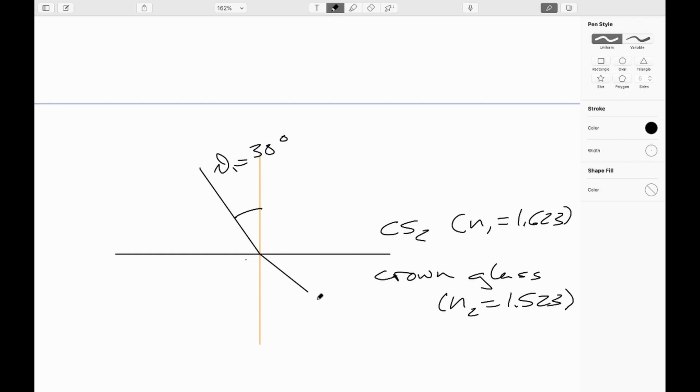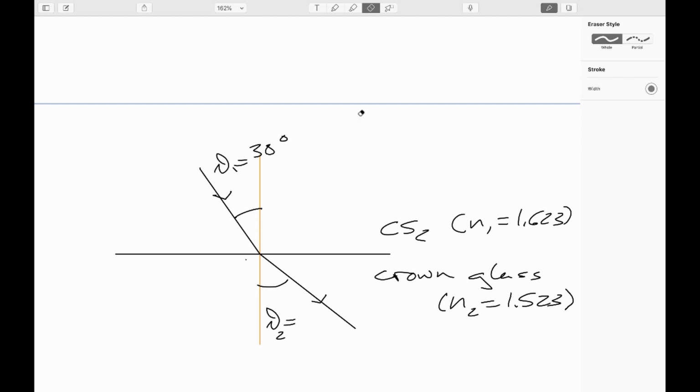So it's going to look maybe something like that. So this is theta 2 equals, don't know yet. But the thing we do know is that it's bigger than 30 degrees.